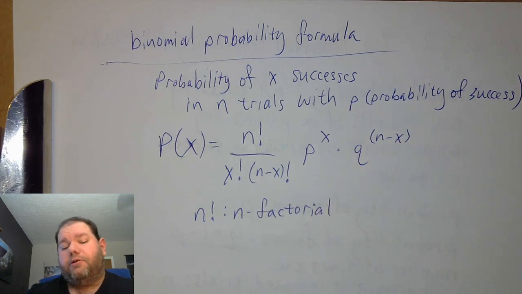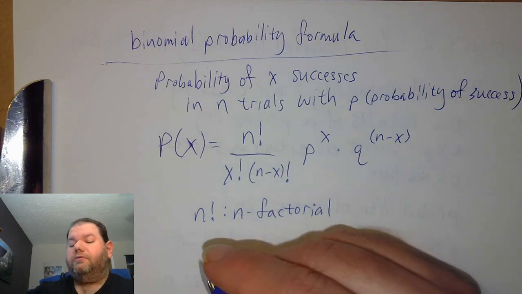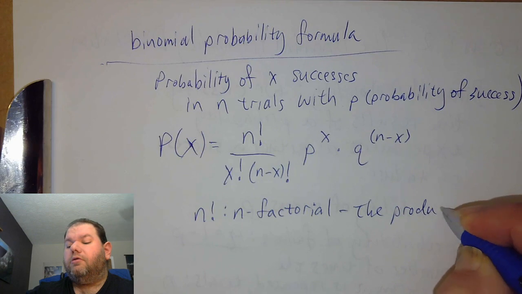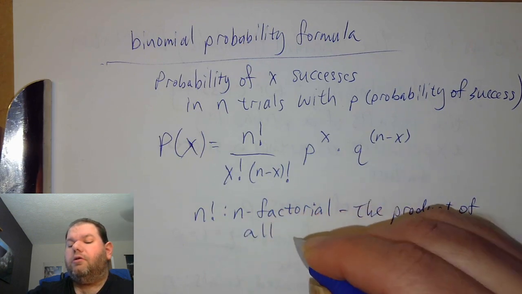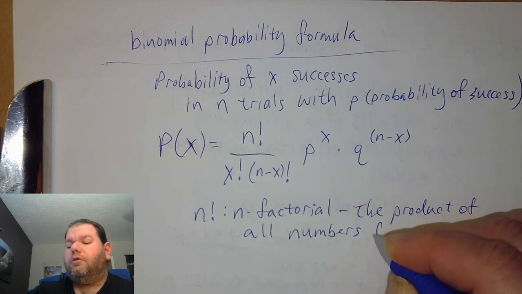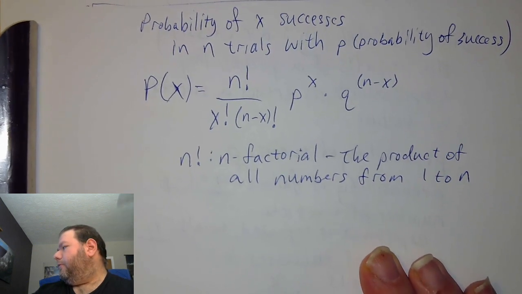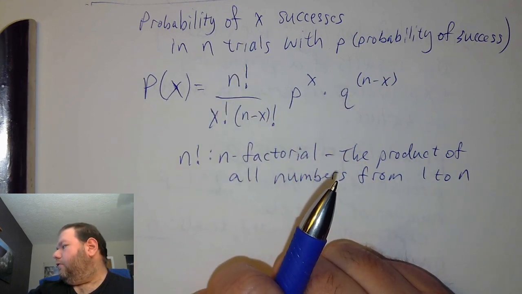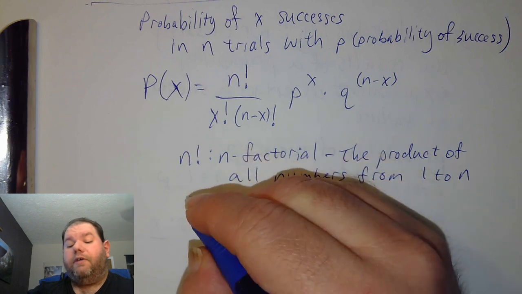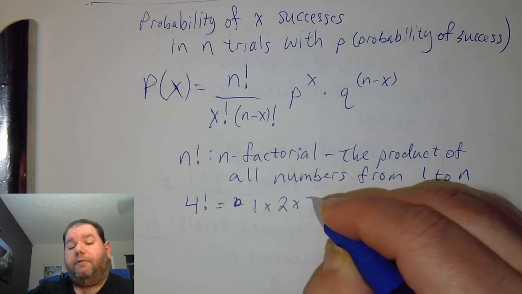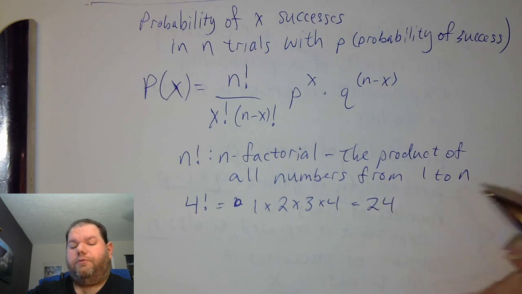This is a mathematical operator, and what it says for us to do is, when we calculate N factorial, that's the product of all the numbers from 1 to N. So if we wanted to find 4 factorial, for instance, that's 1 times 2 times 3 times 4, which comes out to be 24.